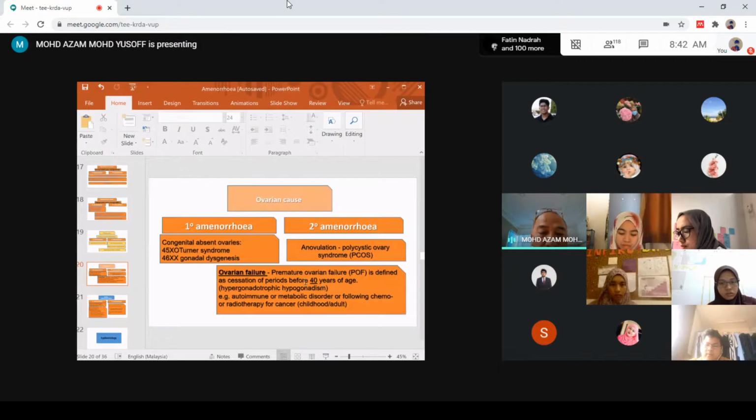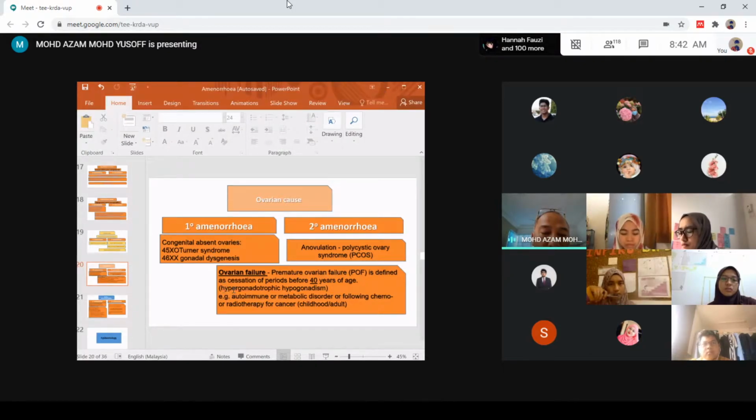Alright, so what happens if there is ovarian failure? The ovary fails to produce estrogen, so it becomes hypogonadism. The pituitary is still functioning well, so it tries to stimulate the ovary, causing high FSH and LH.